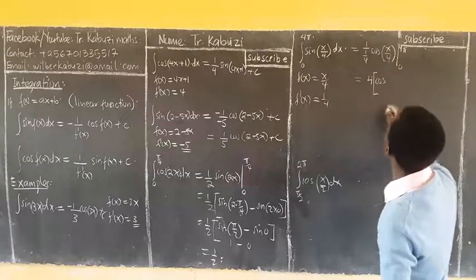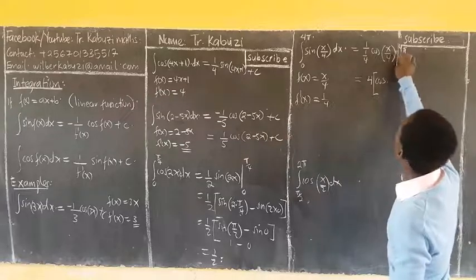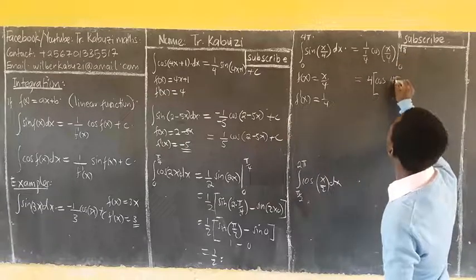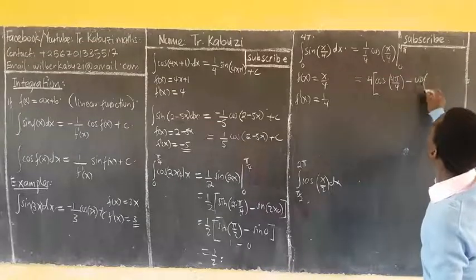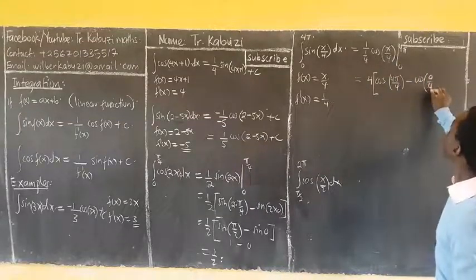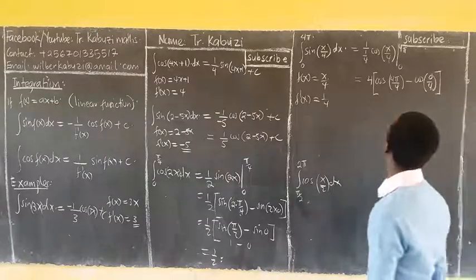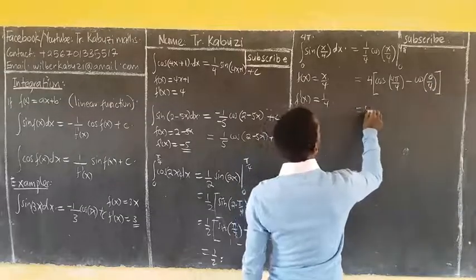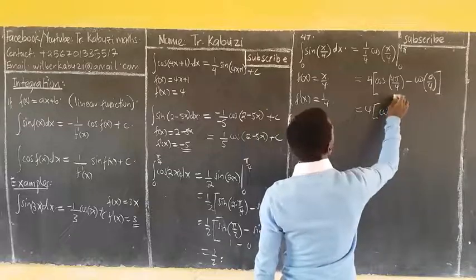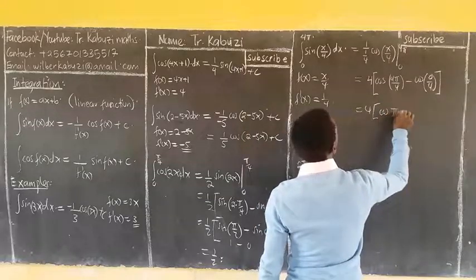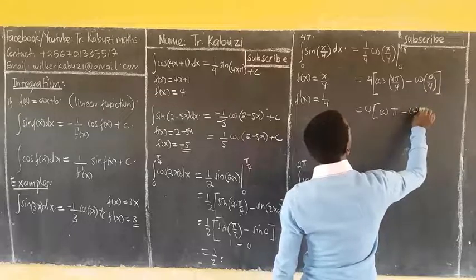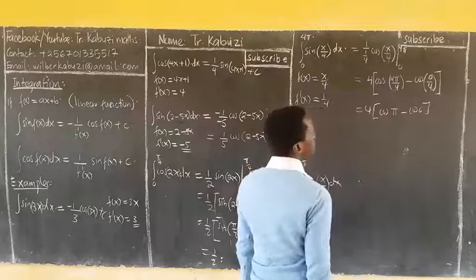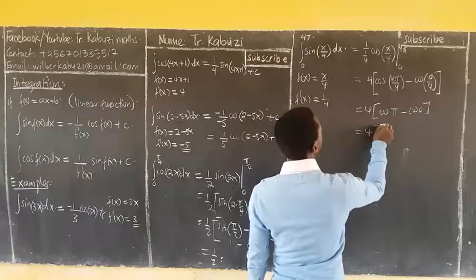Now we put in the limits. For the upper limit, where there is x, we put 4 pi over 4, then minus cos of 0 over 4. So this will be 4 into cos pi minus cos 0.